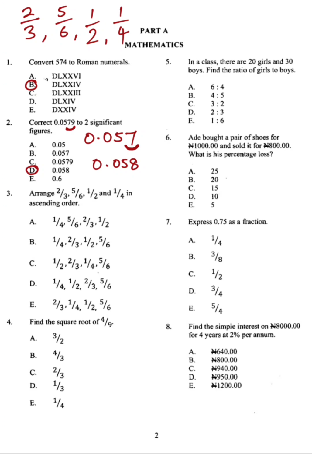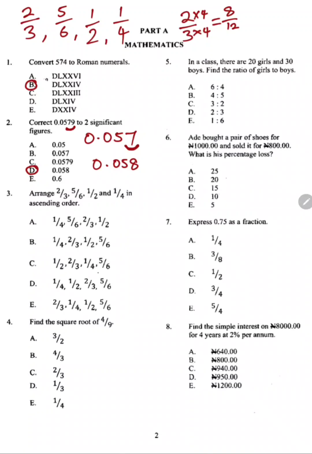So let me show us. In that case, 2 over 3, to make my 3 become 12, I need to multiply it by 4. So do the same up here, 4. And this gives me 8 over 12.